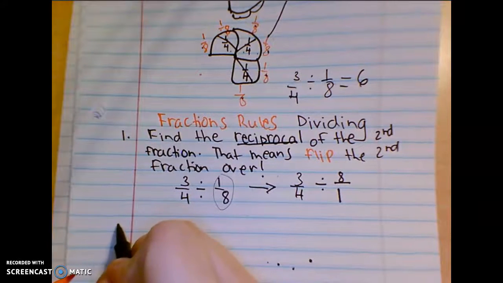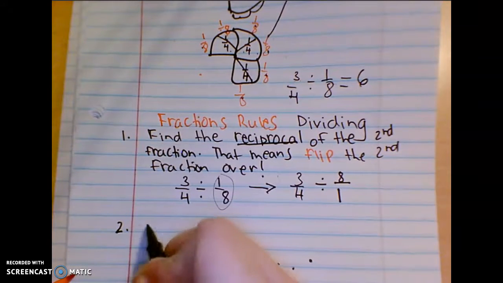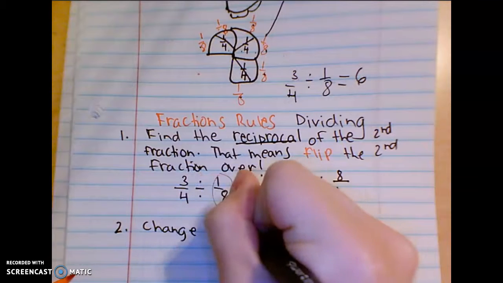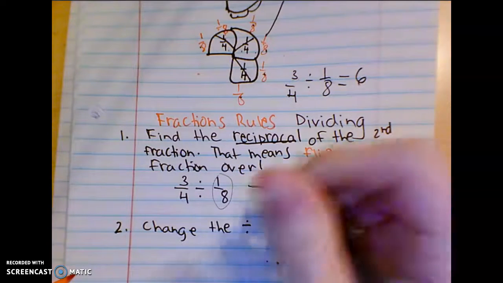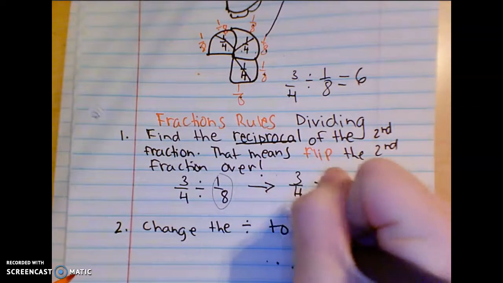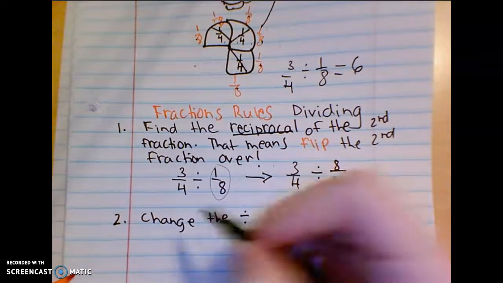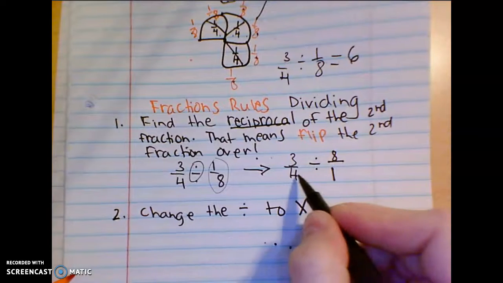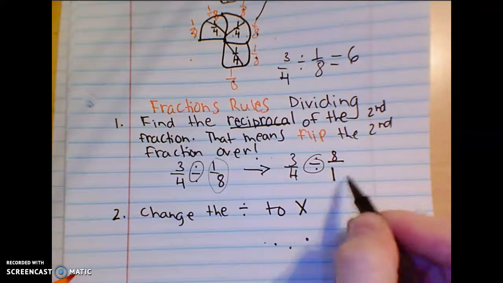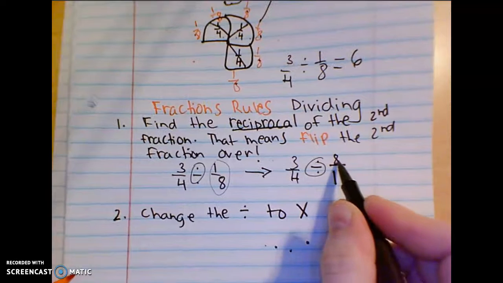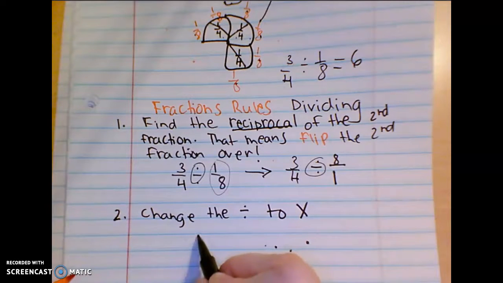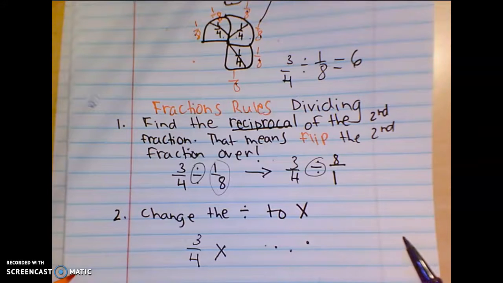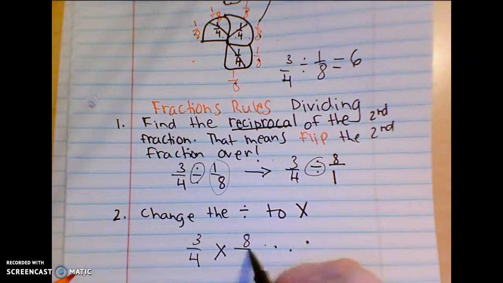Then your second step, you're going to change the division symbol to multiplication. So right now I have a division symbol, right? So I'm going to now have, after I have changed this fraction here, 3/4 multiplied by 8/1.